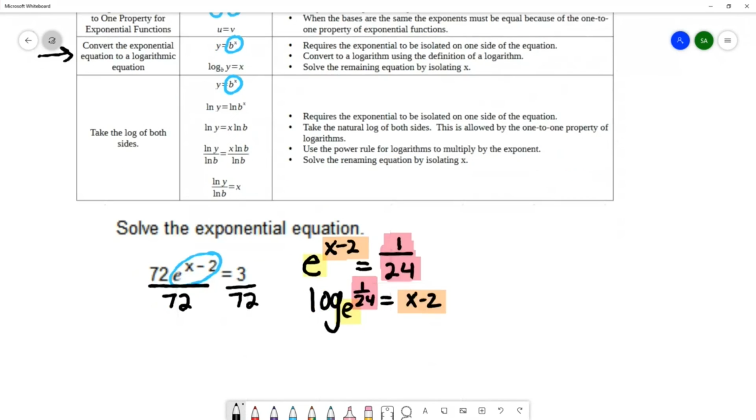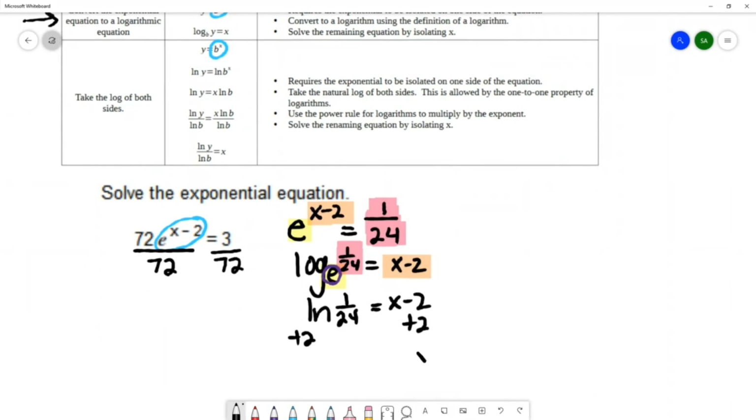Just on a side note, when we convert, we don't typically write base e. We have special symbols for that. We're going to write natural log of 1 over 24 equals x minus 2. Now that we've converted, we're going to solve for x by adding 2 to both sides. So we get our solution being x equals 2 plus natural log of 1 over 24.